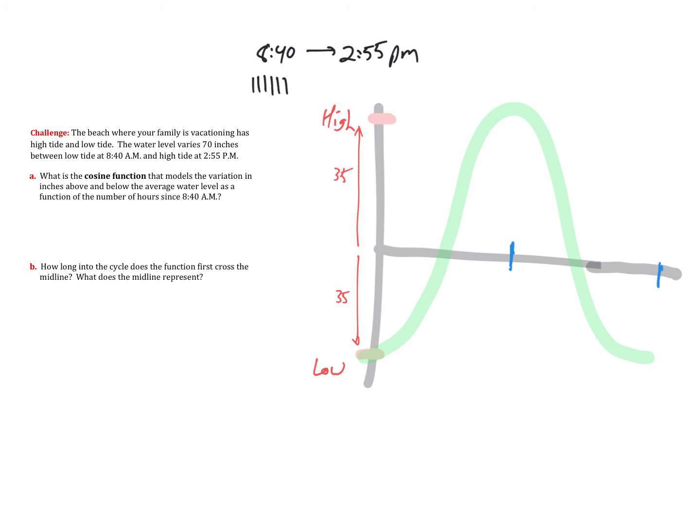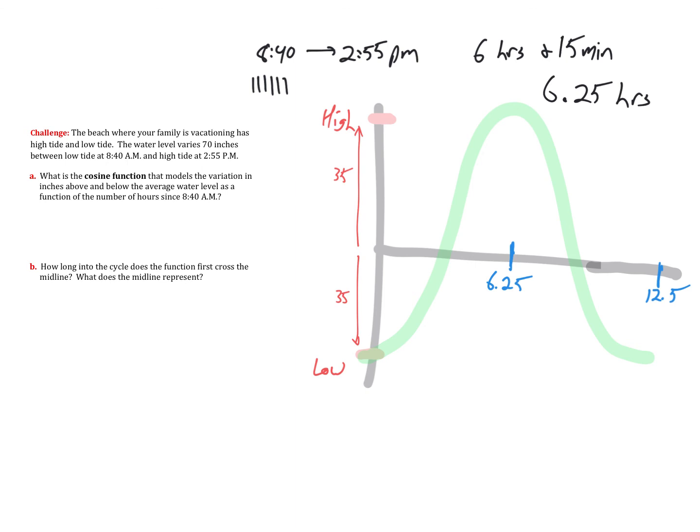So right now we're at 2:40, so we'd be at 6 hours and 15 minutes, AKA 6 1/4 of an hour, so 6.25 hours. So that's going to be this value right here, which then means this would be 12.5 over that way.